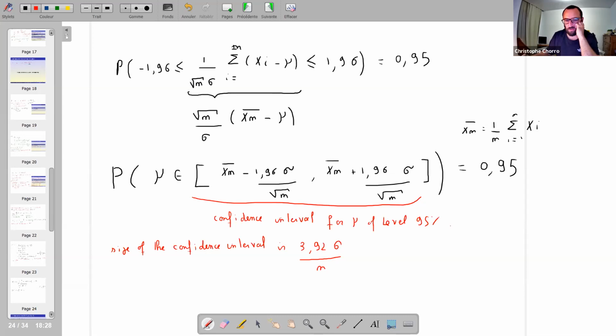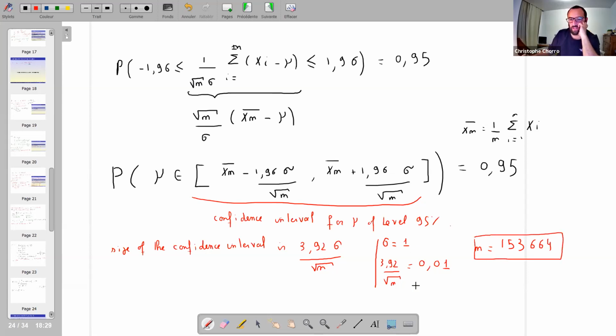And typically, a numerical example: if I take sigma equal to 1, and if I want a size for the confidence interval that is equal to, let's say, 0.01, I obtain an n that is equal to 143,664.